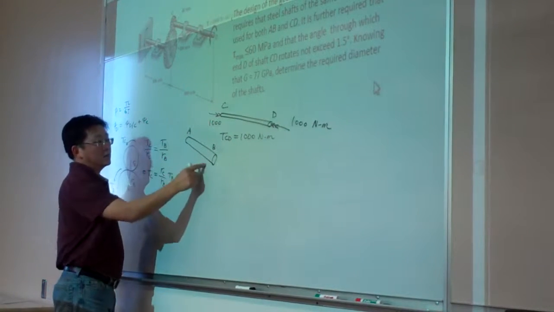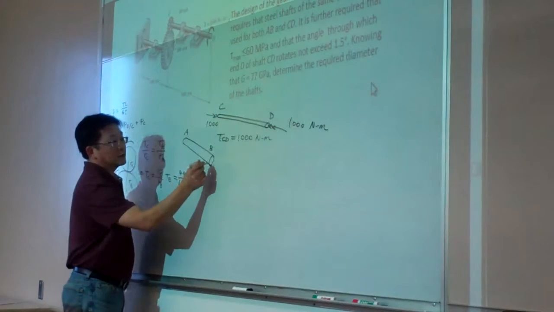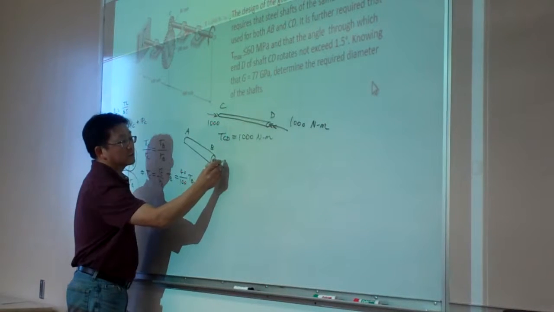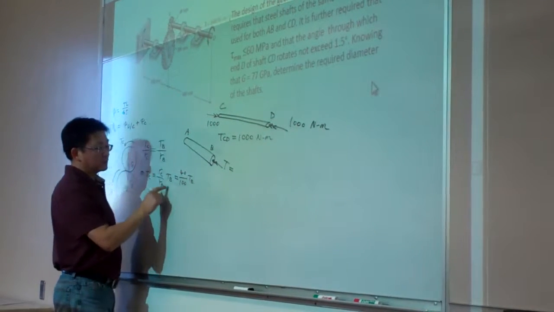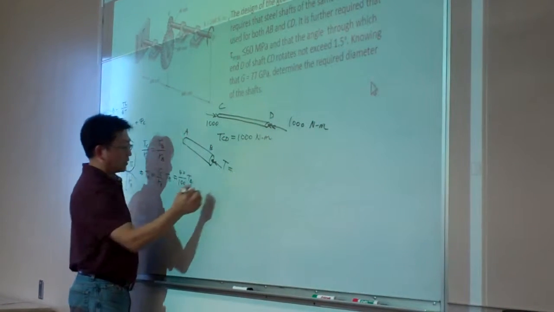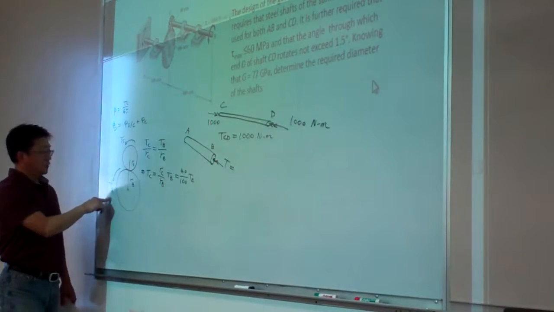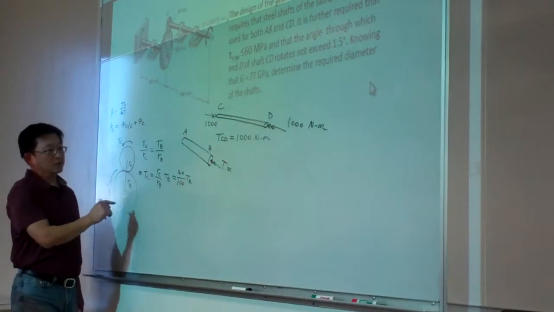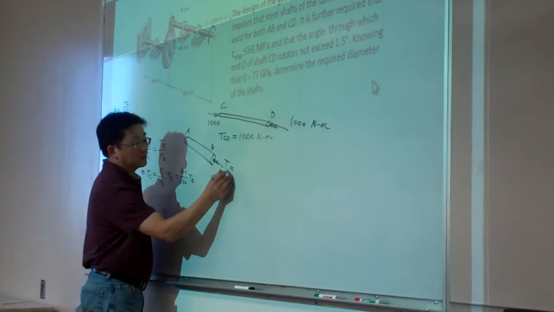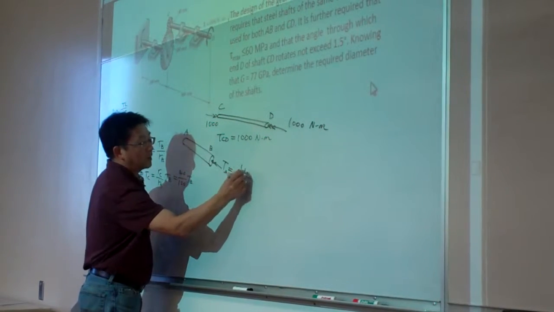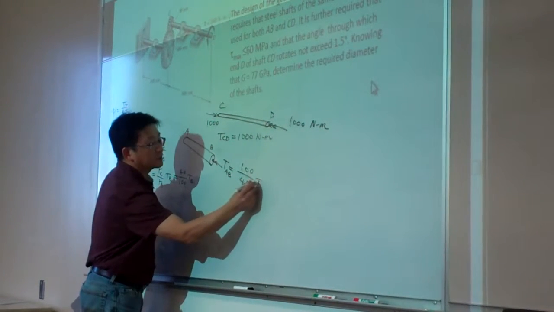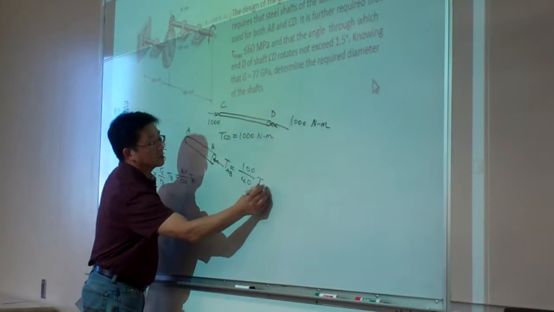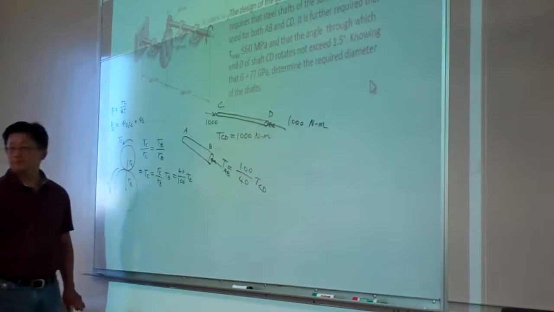Therefore, transmitted using this equation, TAB will be equal to 100 divided by 40 times TCD. Are we okay?